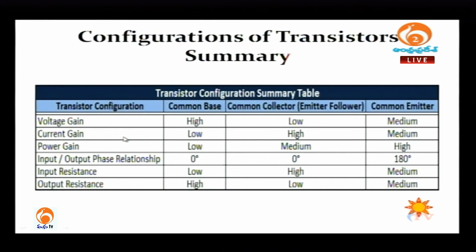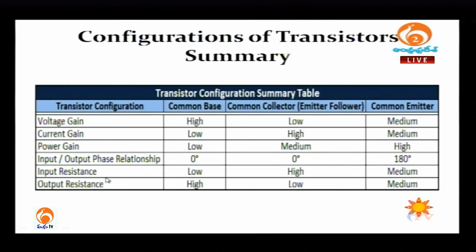Since we know that collector current is always less than emitter current, IC by IE is always less than 1. So it indicates that no current gain takes place in the common base configuration, and power gain is also low. So, for voltage gain we can employ common base configuration, but we cannot employ it for current gain, and for power gain, though it is low, we can employ it.